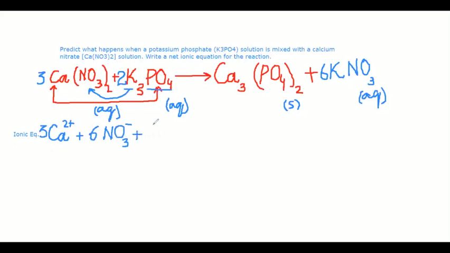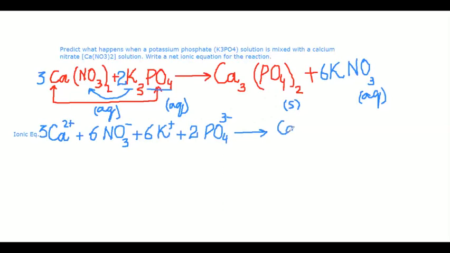Here 6K positive, 6 potassium ions, and 2 phosphate ions. It gives us, so this is solid, insoluble.